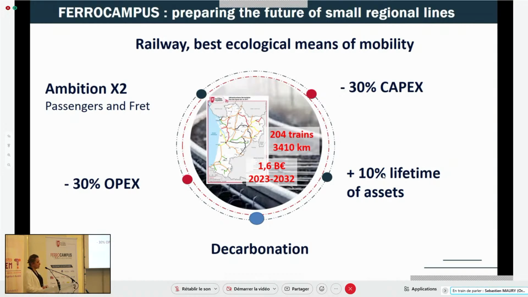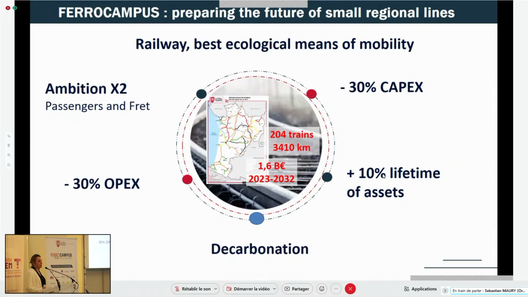the Nouvelle-Aquitaine region owns 204 trains, and we have a network of infrastructure which is quite huge. This is not the point, but as you can see, there are different colors in this network.